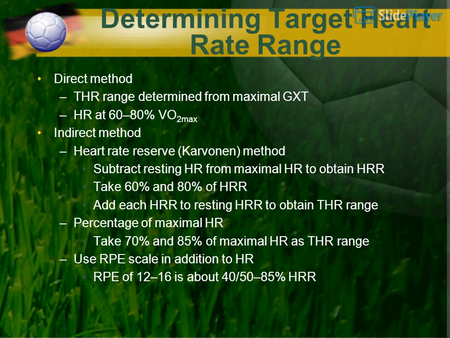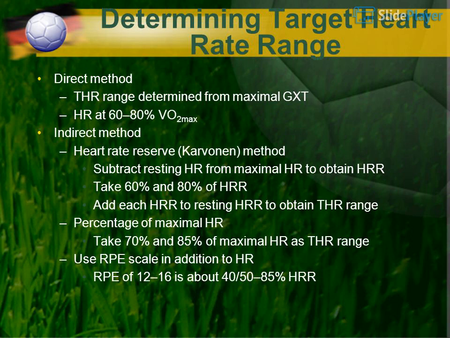Indirect method: heart rate reserve, the Karvonen method. Subtract resting HR from maximal HR to obtain HRR. Take 60% and 80% of HRR. Add each to resting HR to obtain the THR range. Percentage of maximal HR: take 70% and 85% of maximal HR as the THR range.